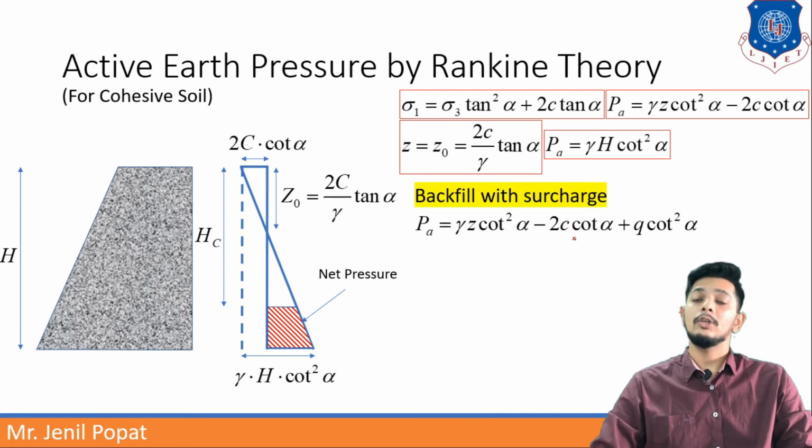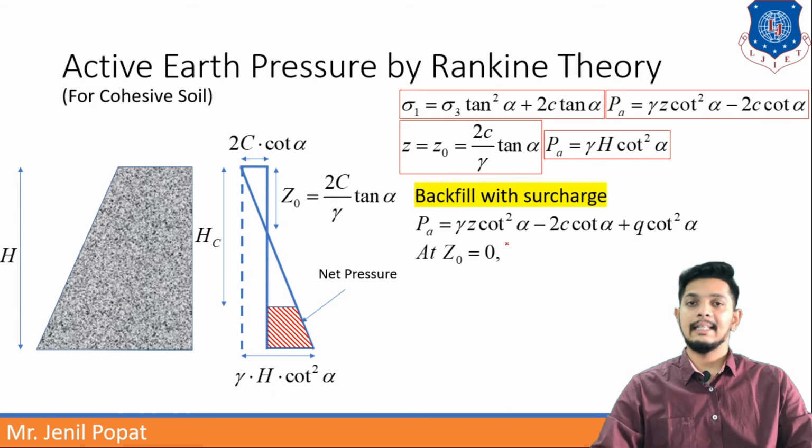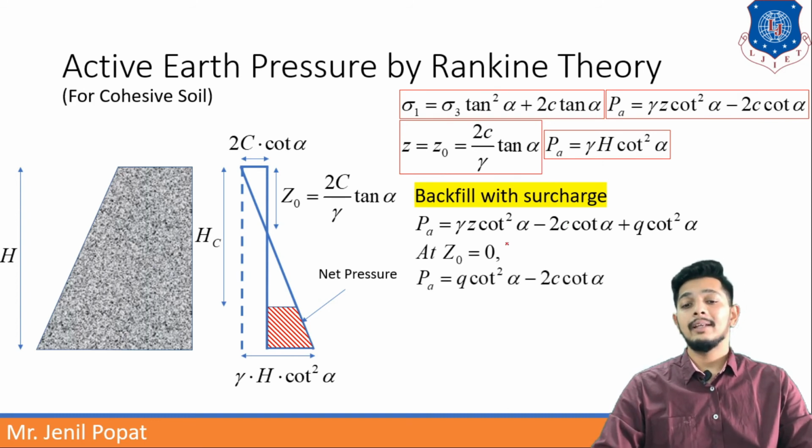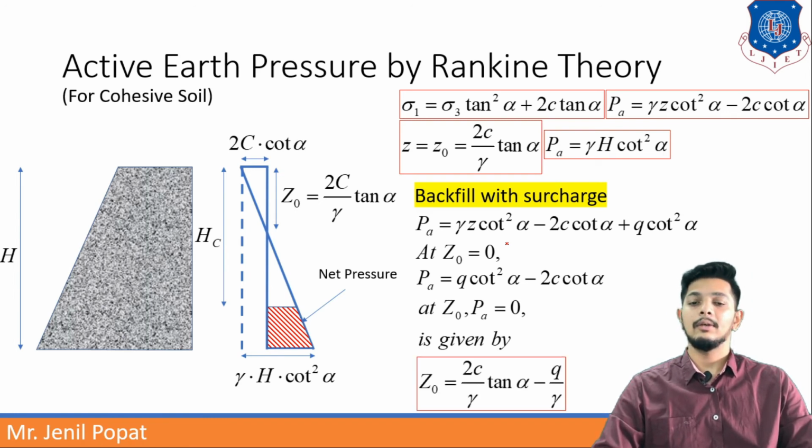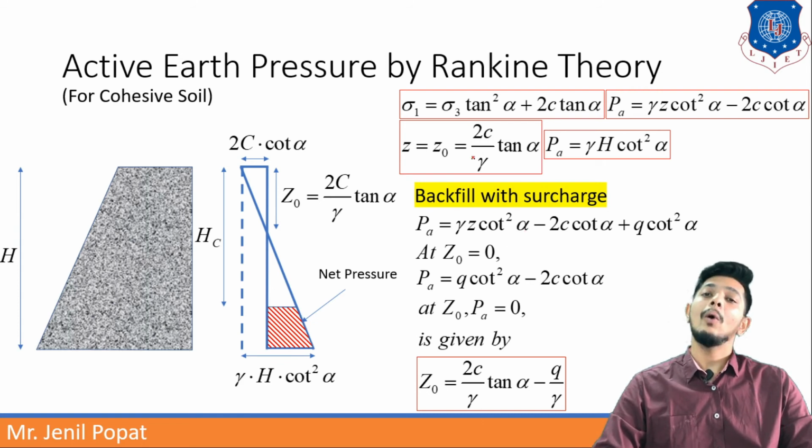We will take Q into cot square alpha at Z is equal to 0. I will get PA value as Q cot square alpha minus 2C cot alpha. Now, if at Z0 PA will also be 0, then it can be given as Z0 is equal to 2C by gamma tan alpha minus Q upon gamma. So we have to remember these 5 formulas for cohesive soil and active earth pressure.